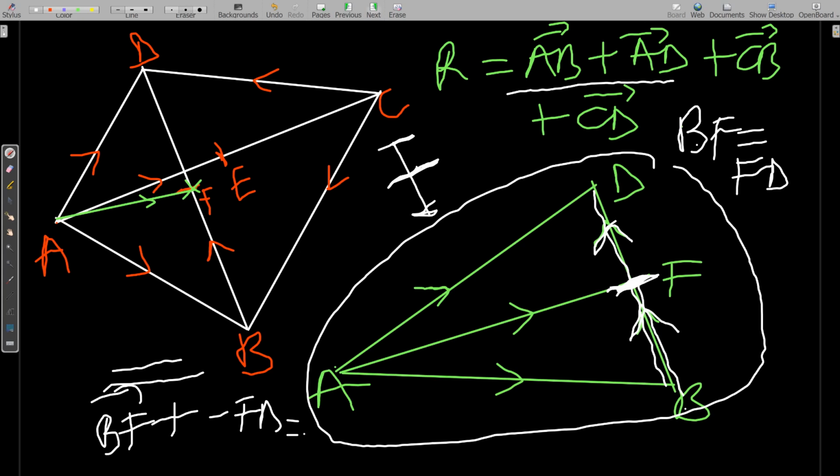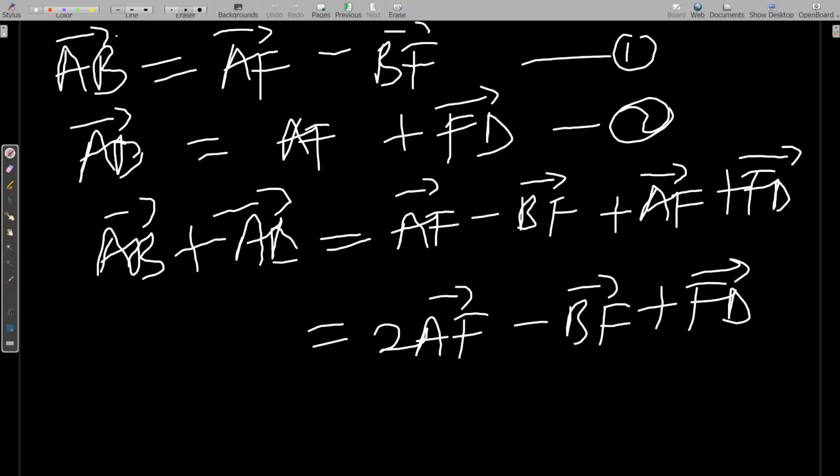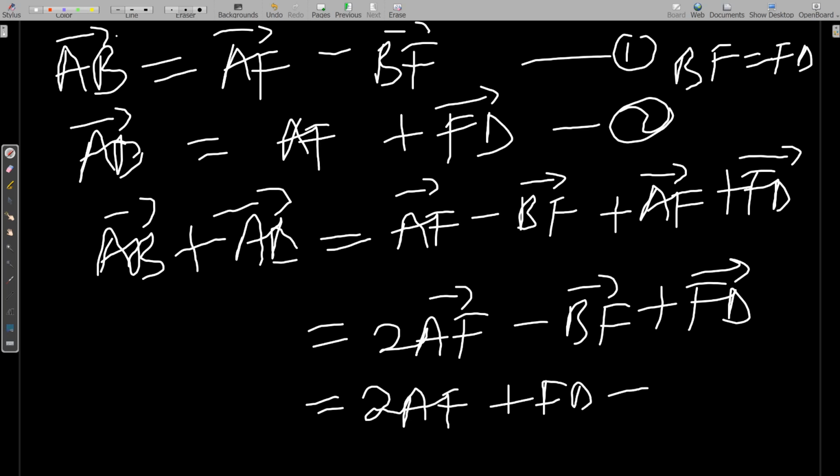Okay, so let's go ahead and check something. You're saying that FD minus BF should be 0 because BF is the same as FD. So this thing will give me 2AF, then plus FD minus BF. This is actually equal to 0 because they are the same, and so if I subtract, I'll get 0.